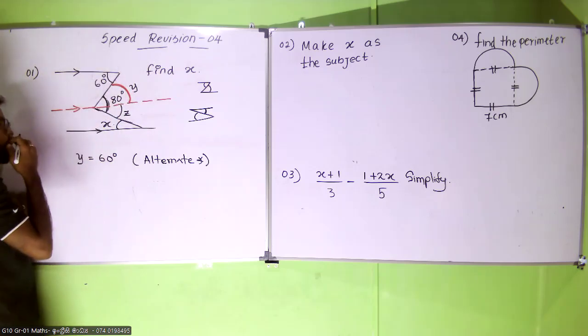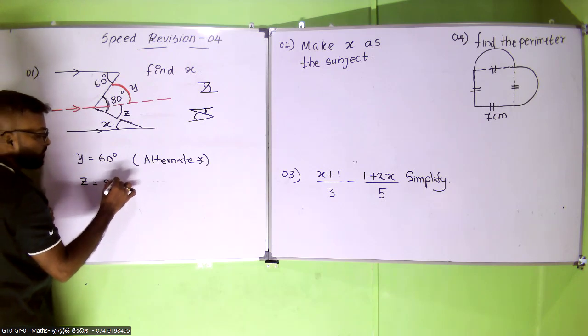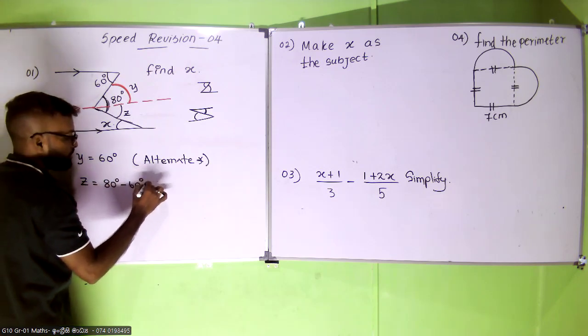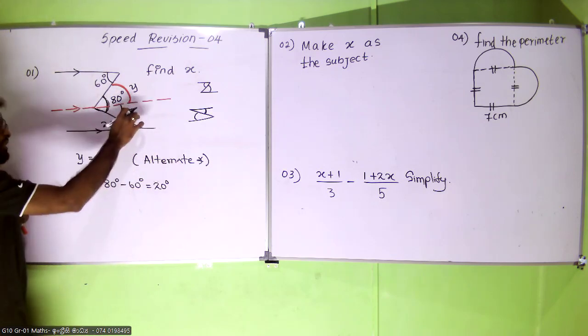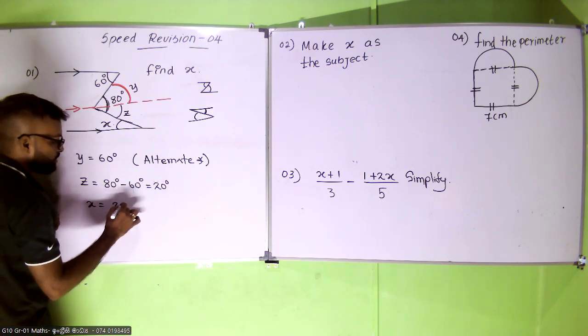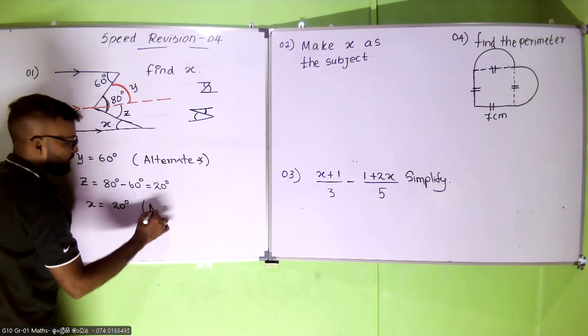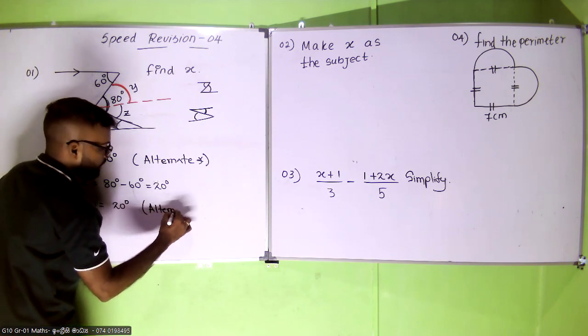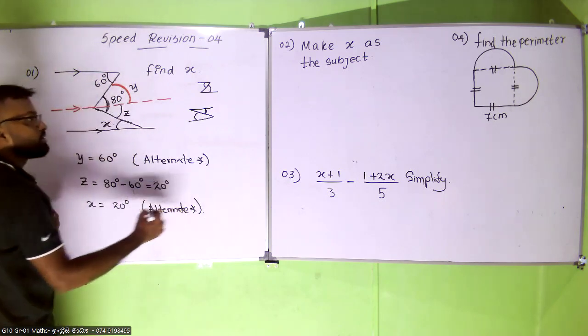Then z is equal to 80 minus 60, which is 20 degrees, by subtraction. If z is 20, you can say directly x is 20 degrees. X is 20 degrees. Why is that? The reason is alternate angles. So this is the answer for this one.